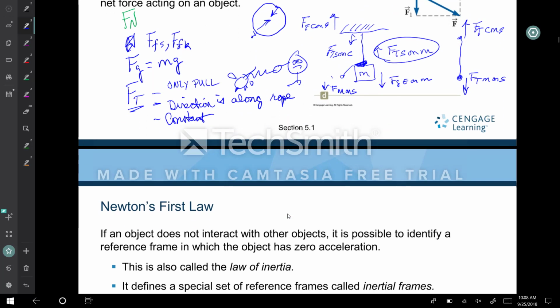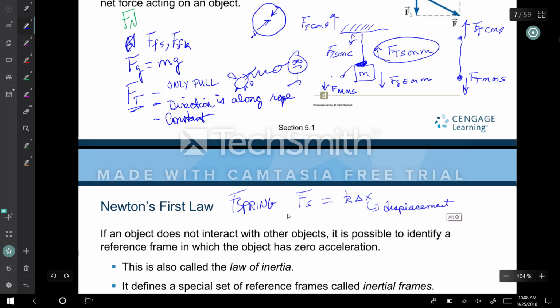And then there's, like you said, force of a spring. So we call that F sub S. And that works out to have a magnitude of K delta X, where delta X is displacement from equilibrium.